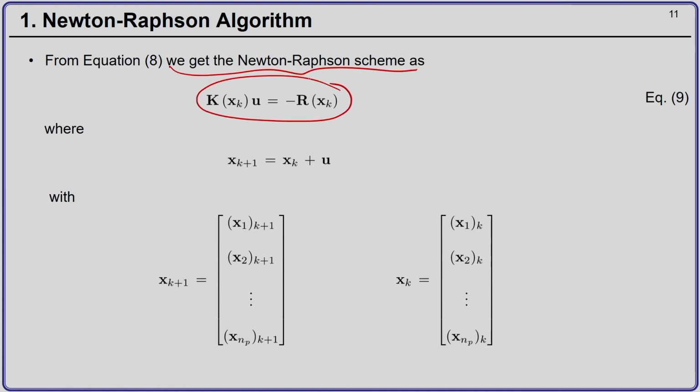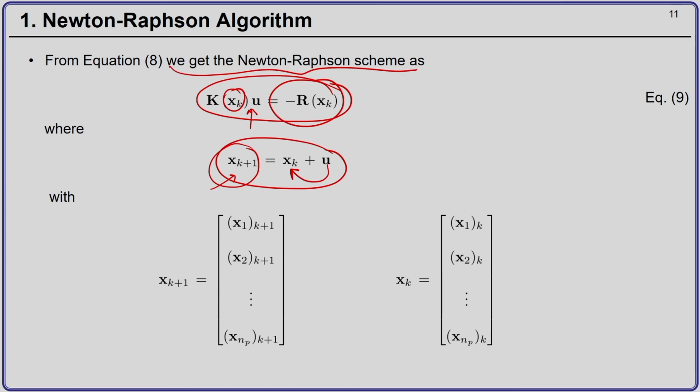the tangent matrix evaluated at x k times the change u equal to minus of the residual r evaluated at x k. And once we have found out u, the new approximation for the equilibrium position can be obtained by adding u to the previous approximation for equilibrium, that was x k, and then we hope that this x k plus 1 will be the equilibrium position.